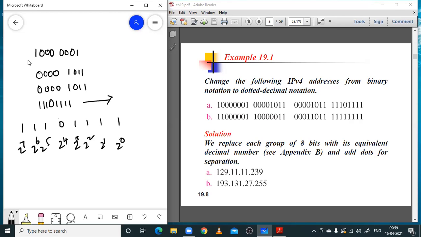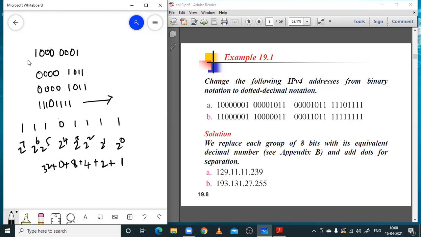Okay, what will be the value here? 1 plus 2 plus 4 plus 8 plus 0 plus, what is this? 32.